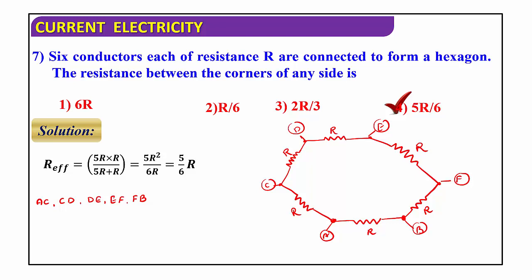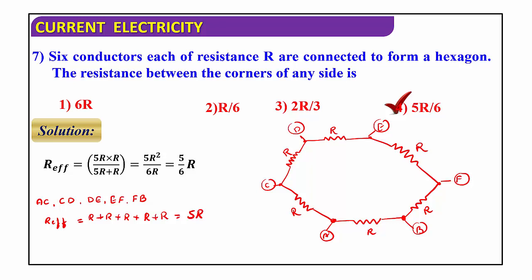Totally how many resistors are there here? 5 resistors. So R plus R plus R plus R plus R is equal to how much? 5R, because they are connected in series. Now all these 5R resistances are connected parallel to this branch AB.